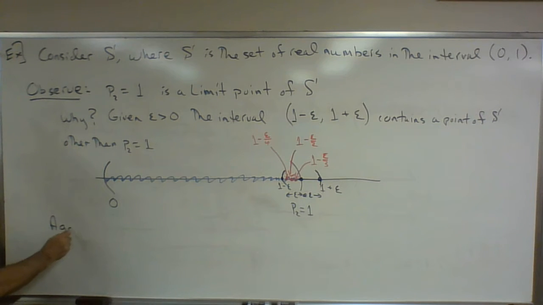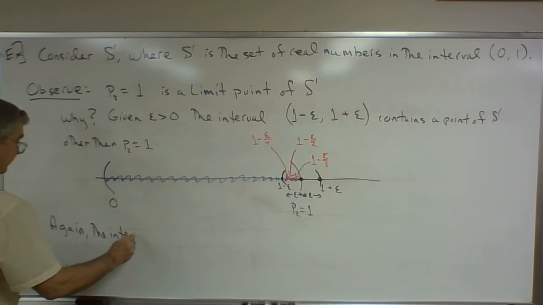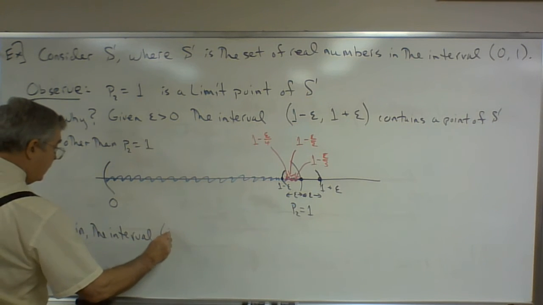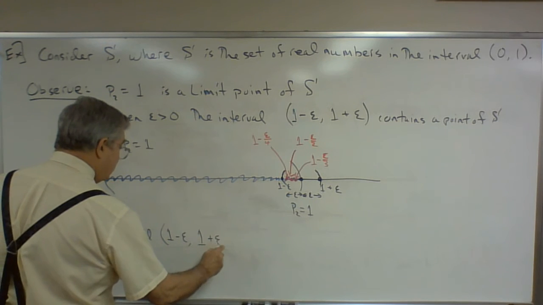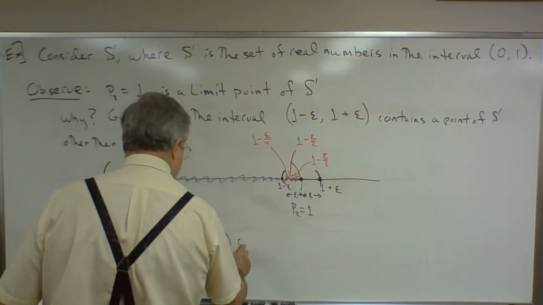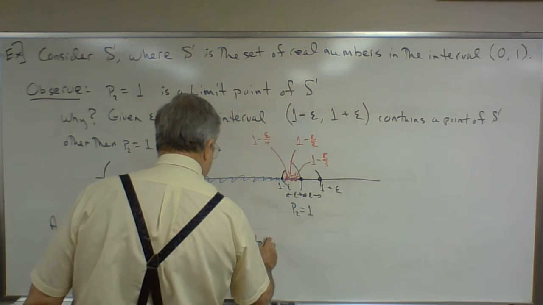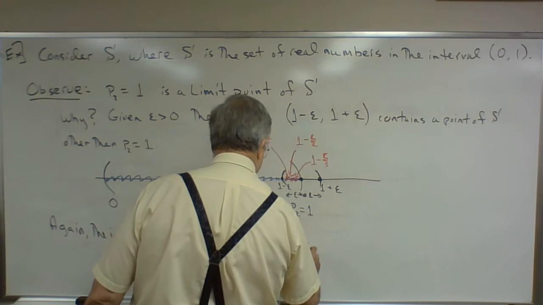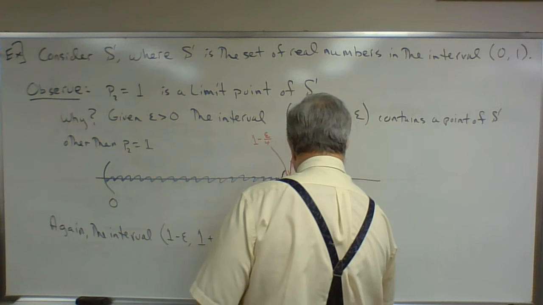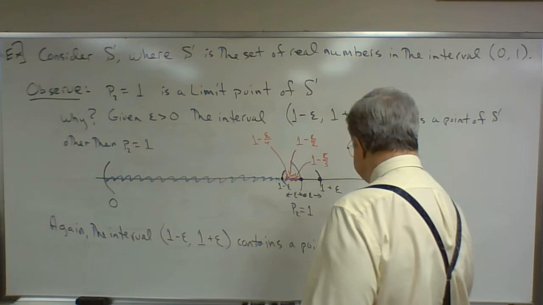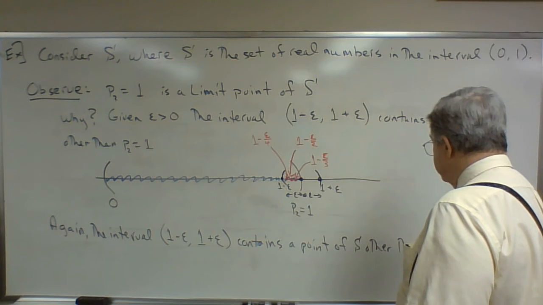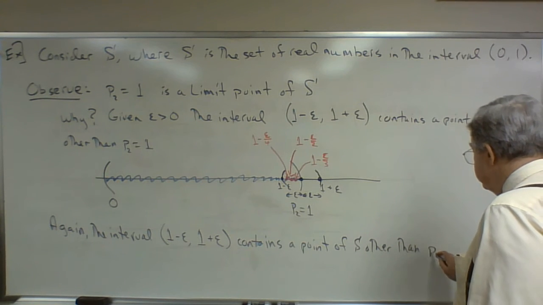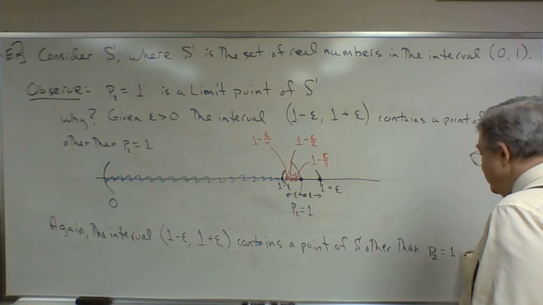So we'll note again, the interval 1 minus epsilon, 1 plus epsilon contains a point of S other than P2 equals 1.